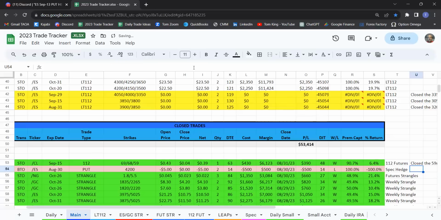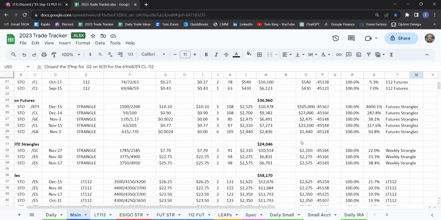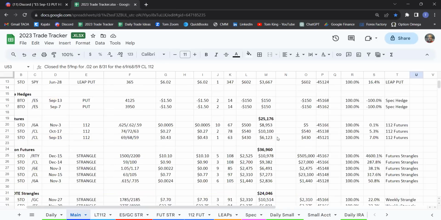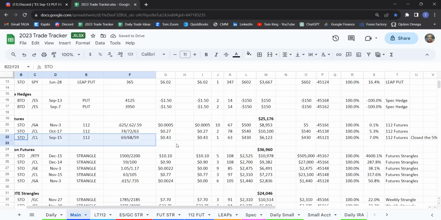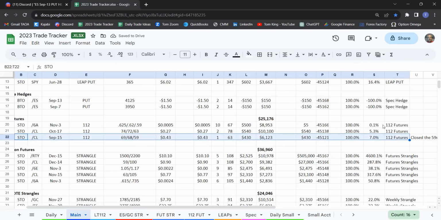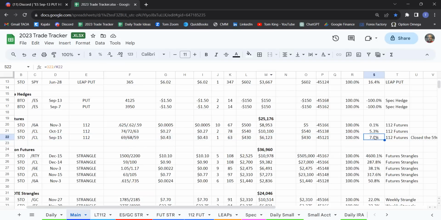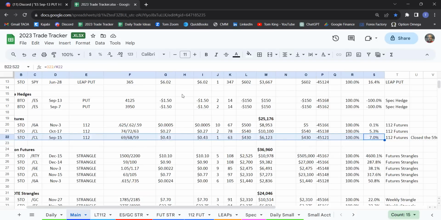So I put that note in here so that it denotes that I closed the naked puts. Then I will go back up to the original trade that I have on, and I will also put that note in here as well, and I color it. This is just my own methodology here, and I'll color it yellow.